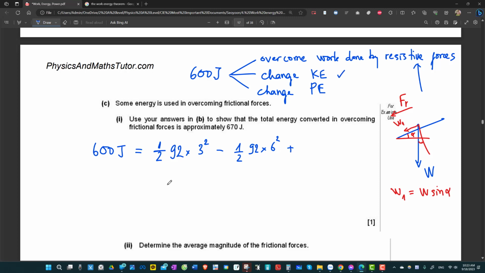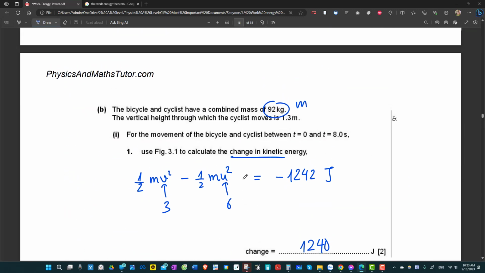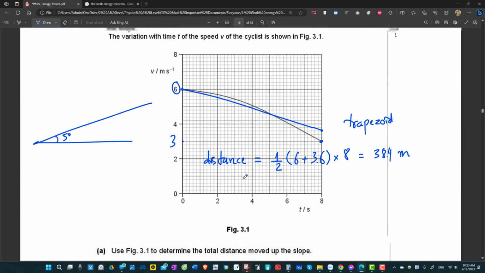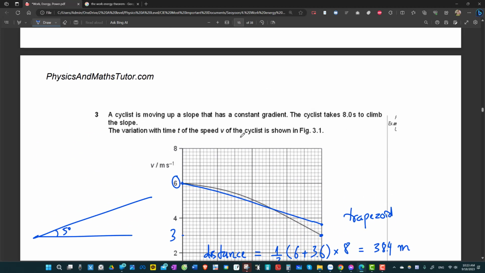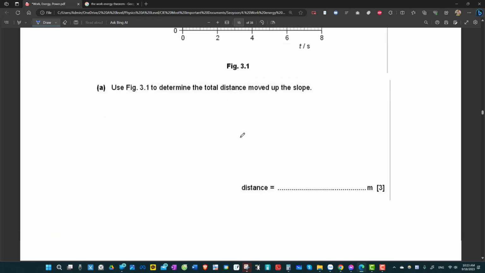Next, the change in potential energy, mg delta h, where m is the mass, which is 92 kilograms, g we can take as 9.8, and the change of the height, delta h, is calculated by the slope. We know the angle of the slope, but we don't know the height.